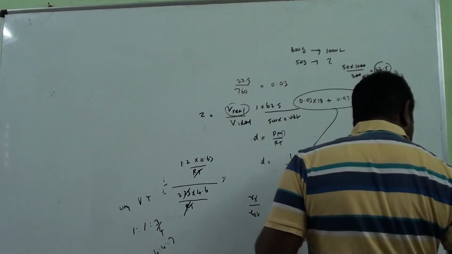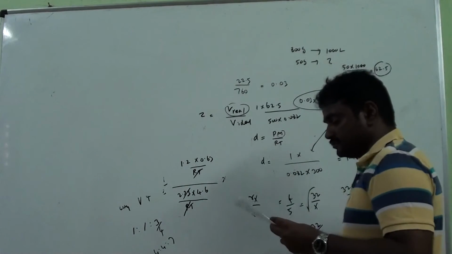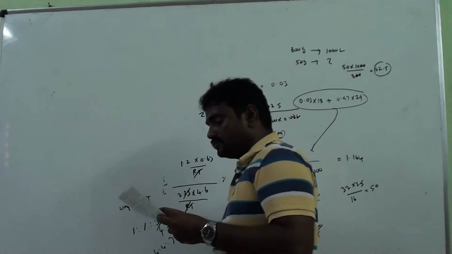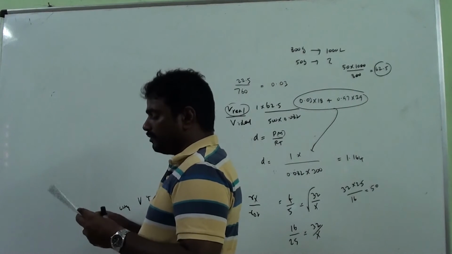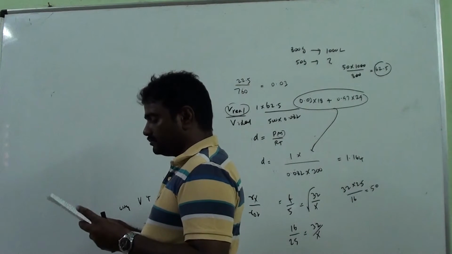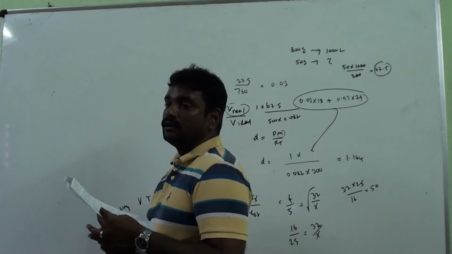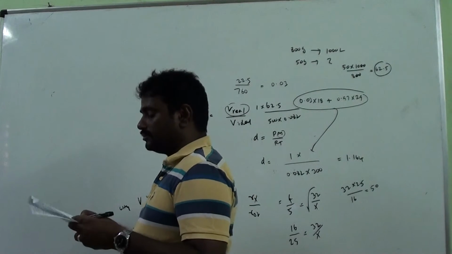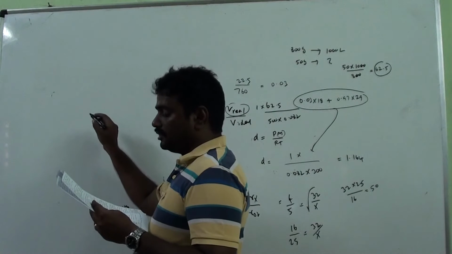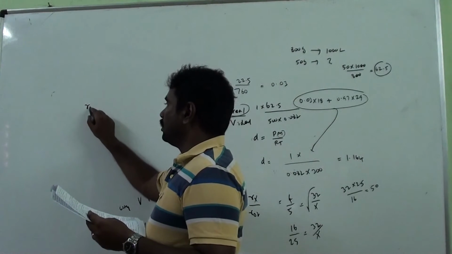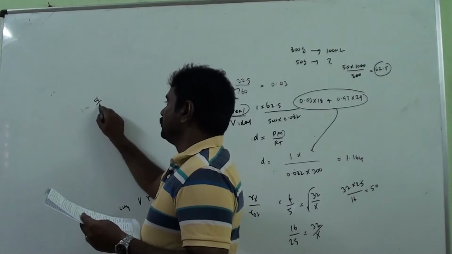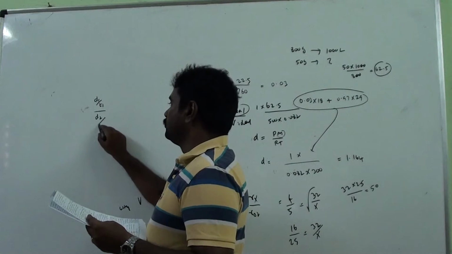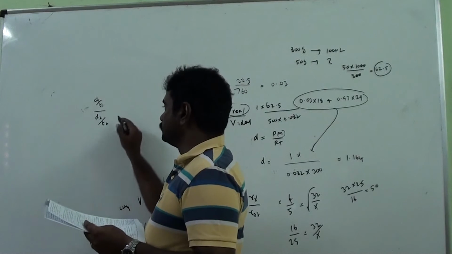So, they have given the density of O2, so you can find the density of the mixture. How can we find it? Because they have given time. So R1 is distance or volume D1 by time.